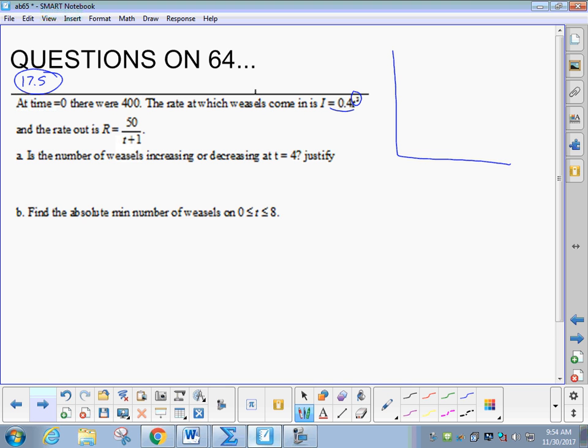It's so grainy. Okay. At any rate, I think either way it's growing. So it's a rate in like that and a rate out that looks like this. And it's through 8, at least in part B. All right. So we're talking about that.